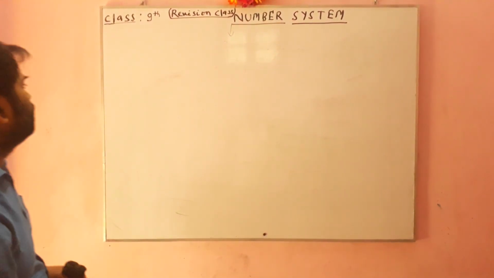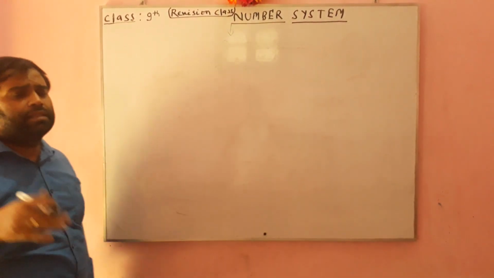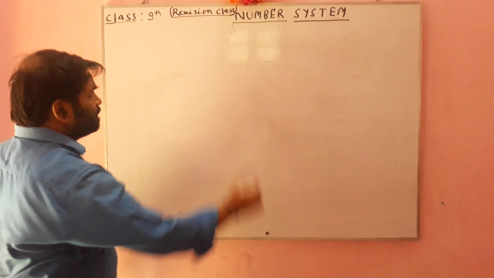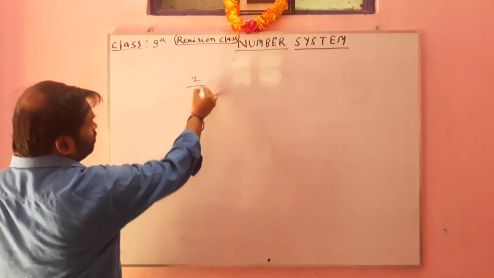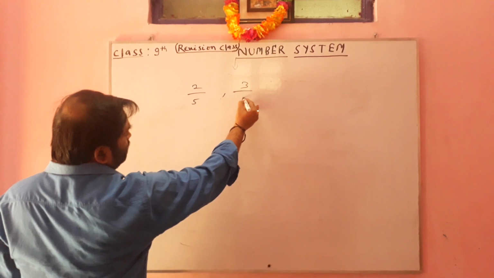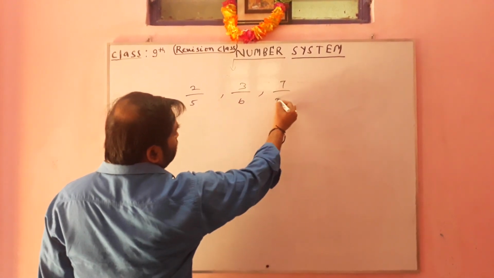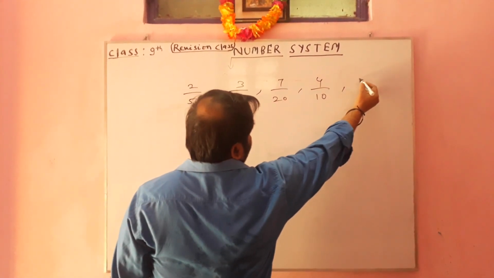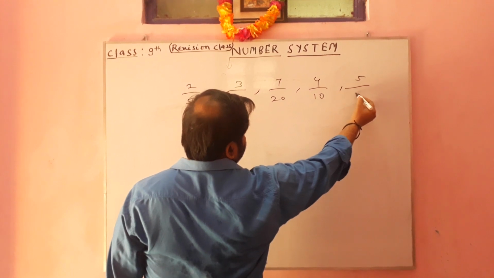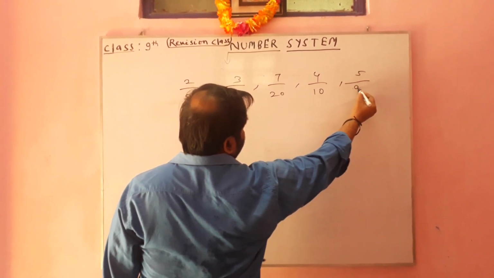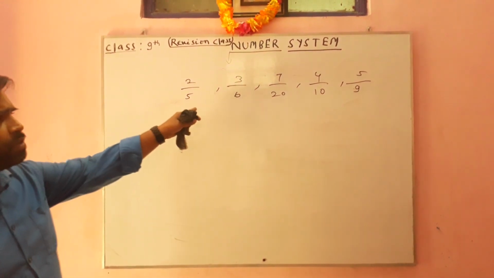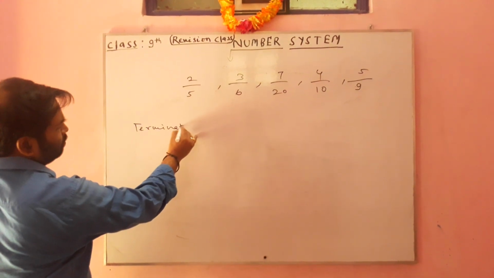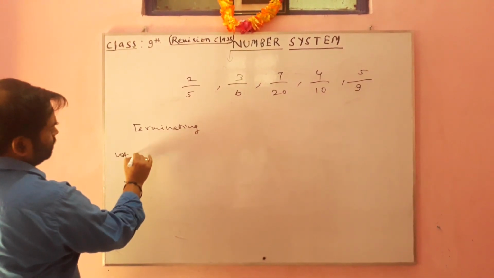Now I will show how we recognize which fraction is terminating and which is not terminating. Suppose I am writing here 2 by 5, 3 by 6, 7 by 20, 4 by 10 and 5 by 9. I have to select which one is terminating and which one is not terminating.